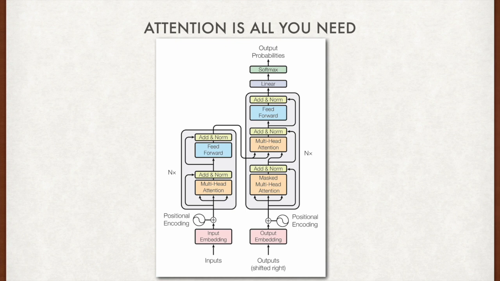The overview of the transformer architecture is presented in this image. The image comes from the "Attention is All You Need" paper. Transformer is an encoder-decoder architecture where the encoder learns to produce some vector representation of the input sequence, while the decoder tries to use that representation to produce the output sequence.